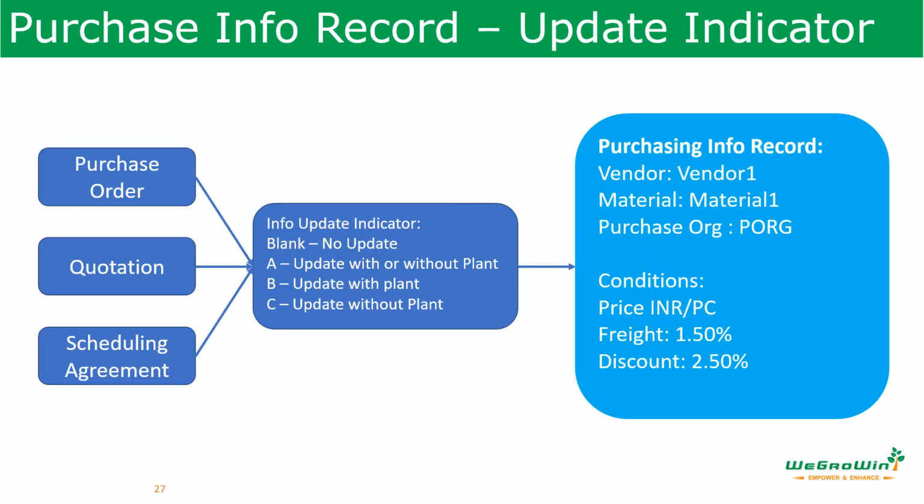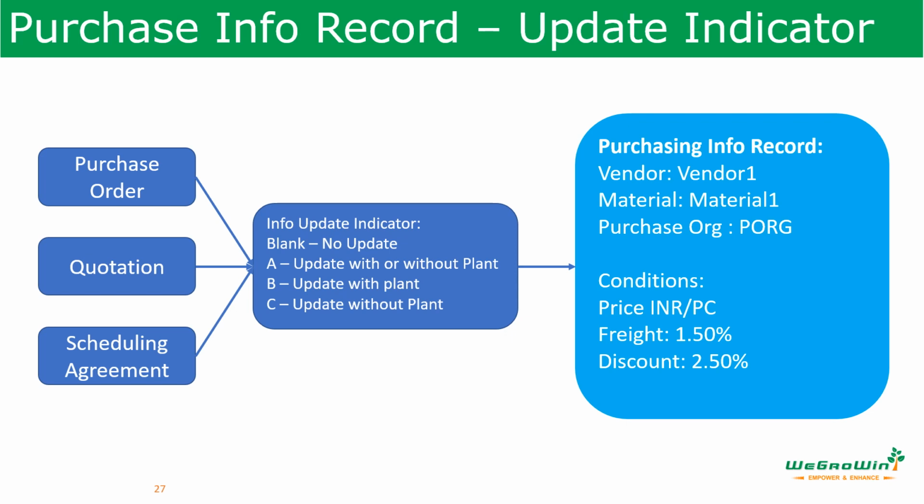So far, we covered creation of the purchasing info record manually using transaction ME11. There are other options to maintain the purchasing info record, like automatically from quotations, purchase orders, or outline agreements. In all these documents, there will be an info update indicator with options: if it is blank, there is no update; if A, update with or without plant; B means update with the plant; C means update without plant.